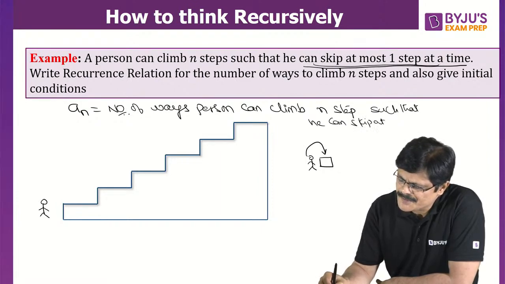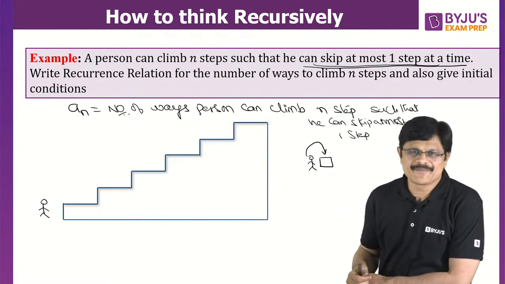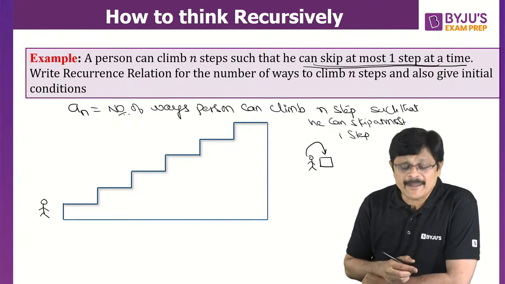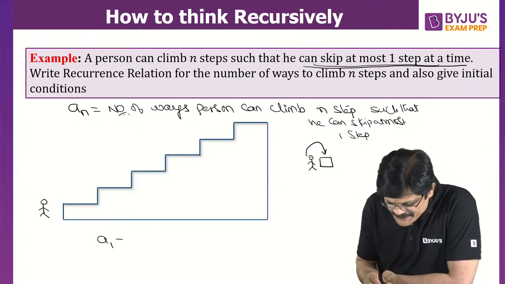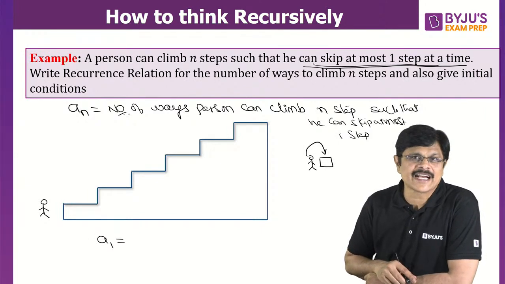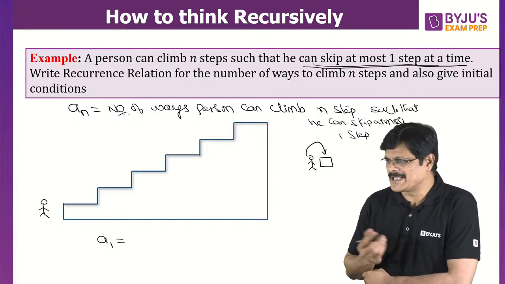So if An is the number of ways he can climb n steps, then what will be A1, sir? What will be A1? The number of ways he can climb one step. What will be that? If anyone watching can please answer that.